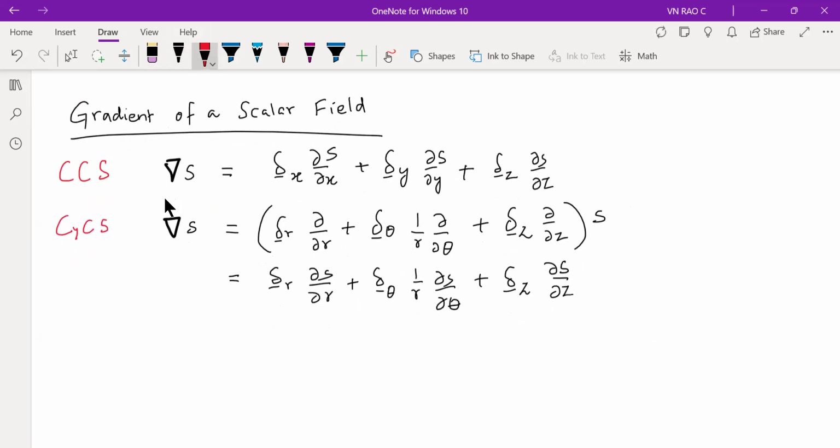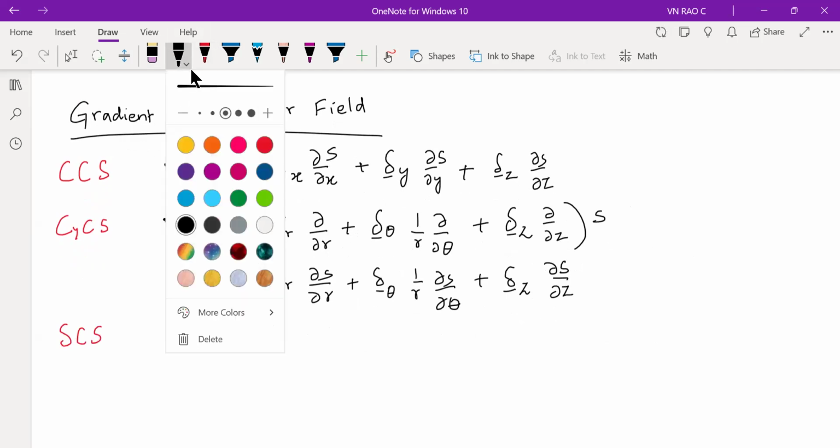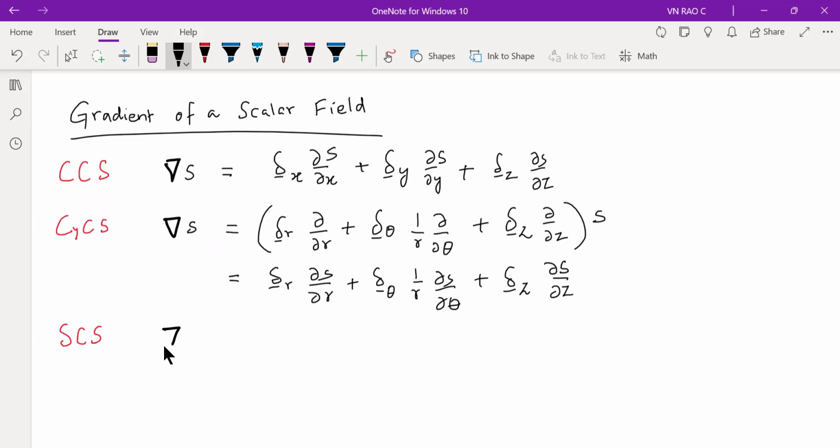Now if we want to write it in spherical coordinate systems, first of all we need to define what the del operator is.